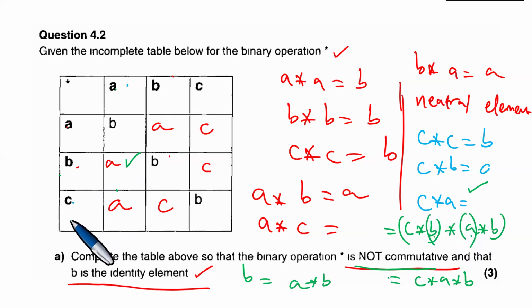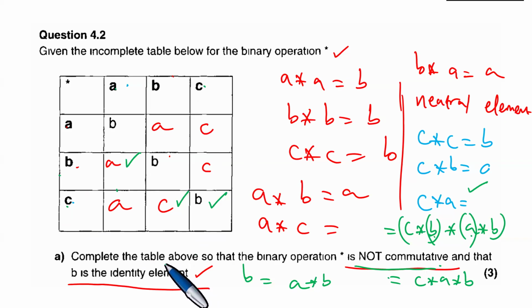We need to complete the table above so that the binary operation star is not commutative and B is the identity. Being the identity means that C star B is just going to be C. But C star C is just going to be B.